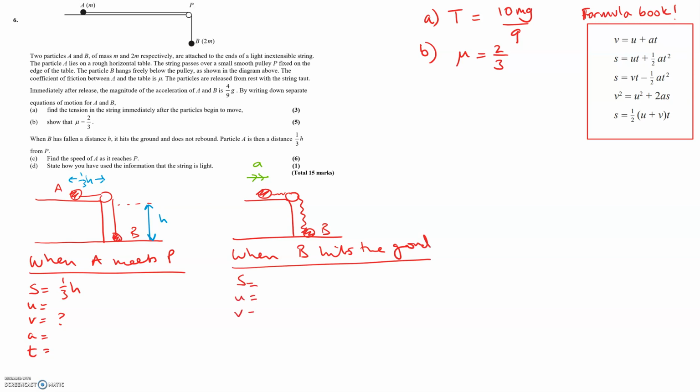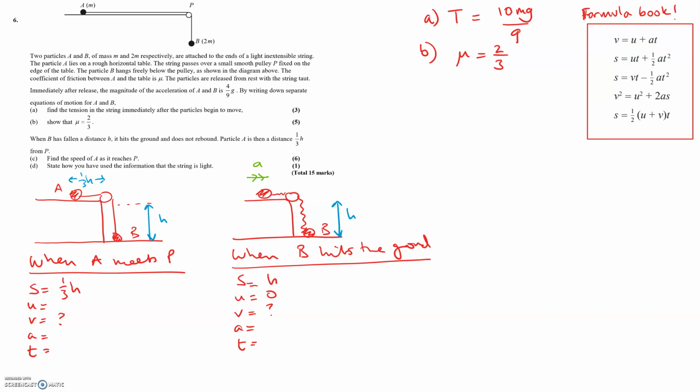So now I'm going to consider what happens when B hits the ground. The displacement now is going to be h, okay? Because B has travelled a distance h from where it was, and this is from when it was all released, so it did start at rest. So the initial speed is 0, and I want to find out what's the speed with which it hit the ground.